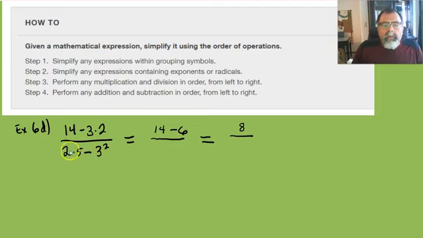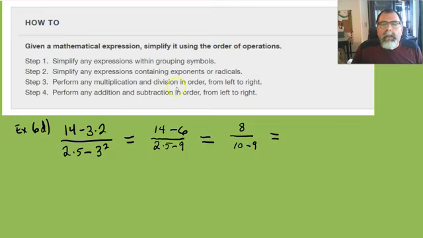Again, we're doing the bottom group. Inside that grouping symbol, we've got to do order of operations. So let's see, exponents. 3 squared is 9. We leave everything else the same. Okay, exponents are done. Now we're going to do multiply, divide, left to right. So 2 times 5 is 10. So now we've got 10 minus 9.